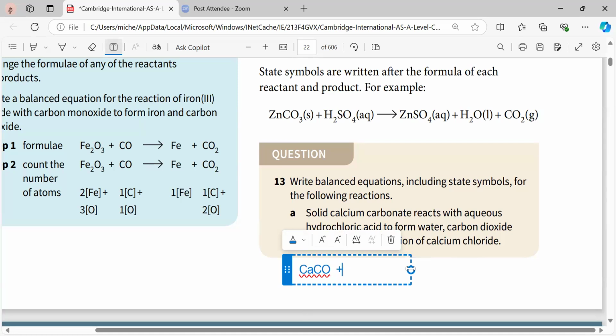Okay, we're going to see this one by one. So it reacts with aqueous hydrochloric acid. We know that hydrochloric acid is aqueous since it counts as a solution and not just any kind of liquid. Like it's stated in the previous question, hydrochloric acid is HCl.